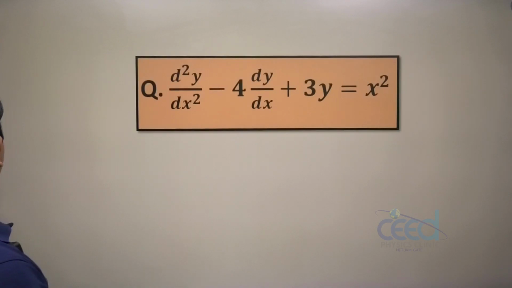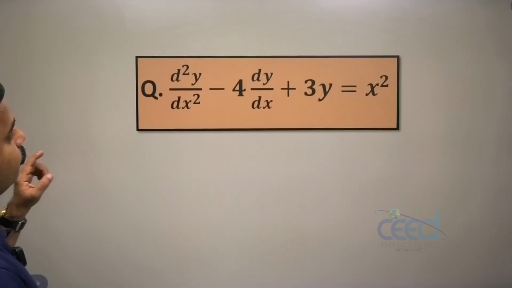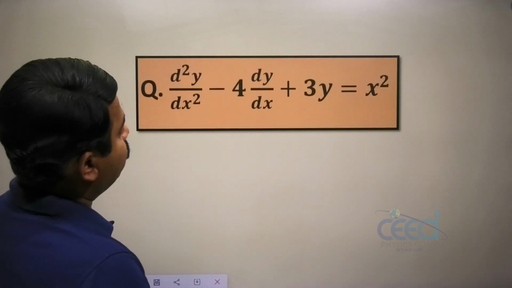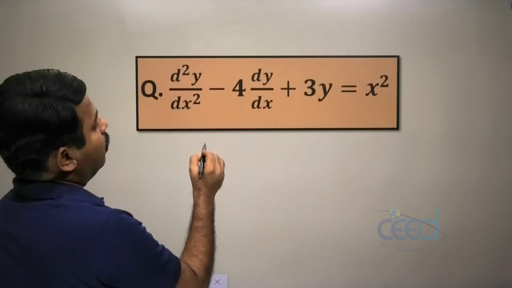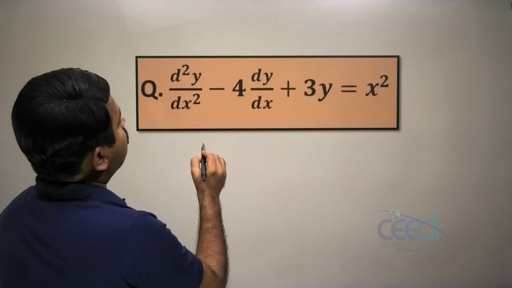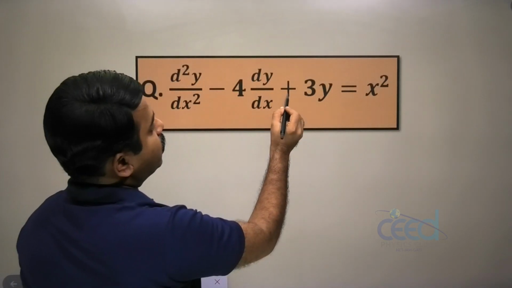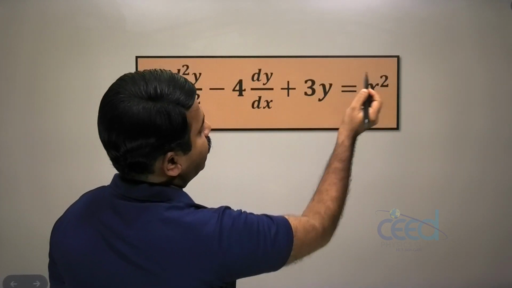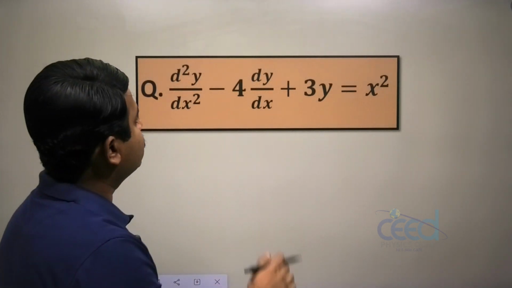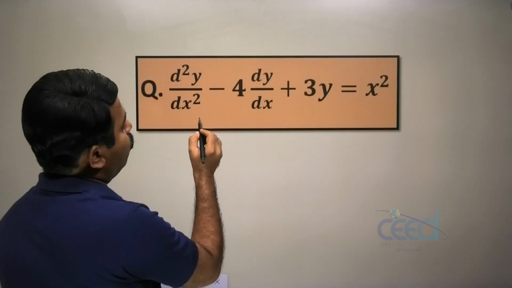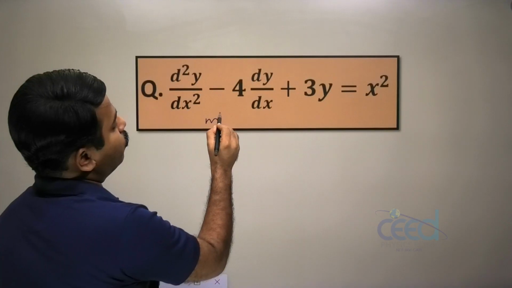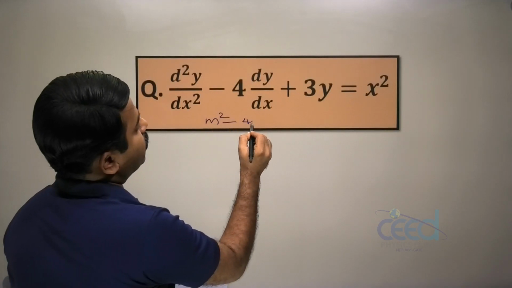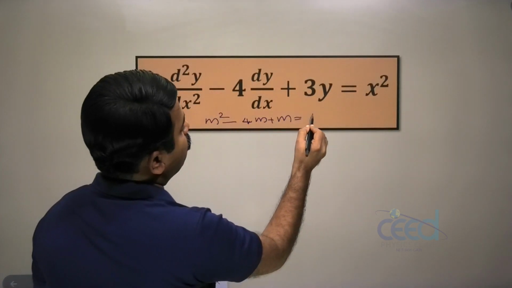The differential equation given is d square y by dx square minus 4 dy by dx plus 3y equal to x square. First we find the complementary function. Solving the auxiliary equation, m square minus 4m plus 3 is equal to 0.